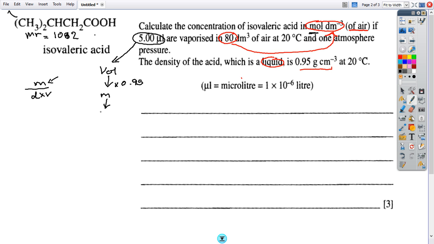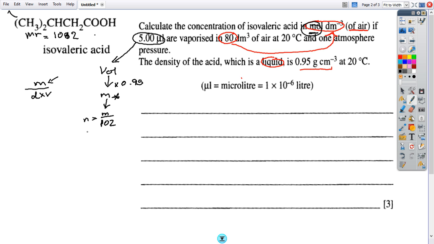Can we then go from mass to moles, which is obviously what the examiner wants us to get to up here? Well, yes, of course we can. Moles, very simply, GCSE double award, is equal to mass, which we've just calculated out up here, divided by the RFM, which I worked out at the start, knowing full well that I would need it at this stage.